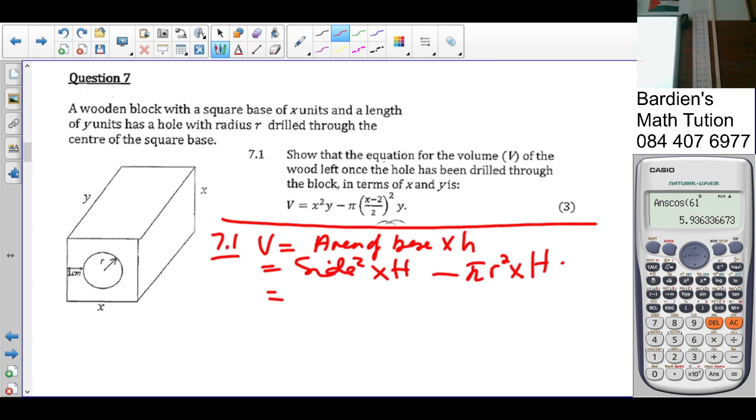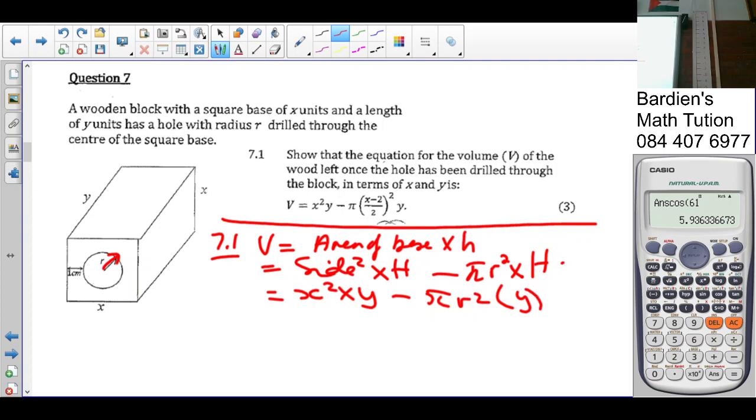So it's going to be side times side. So what's the length of the side? X. So it's x squared times the depth of the object, which is y, minus pi, the radius will be r squared. As you can see, the radius is listed as r, times height, which is y.